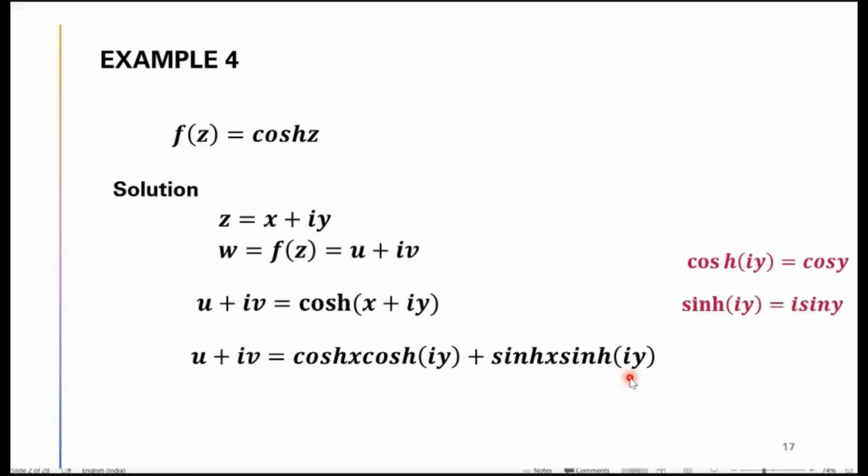So again substituting that, I will get cos hx cos y plus i sin hx sin y.